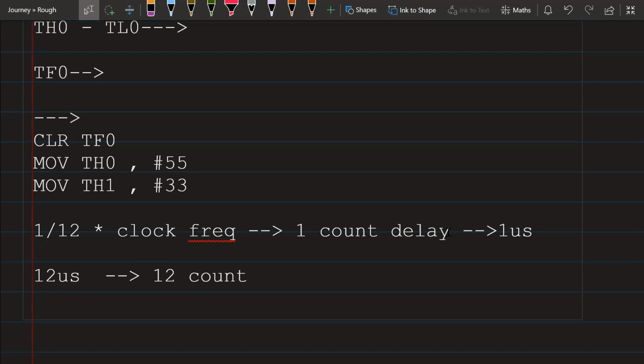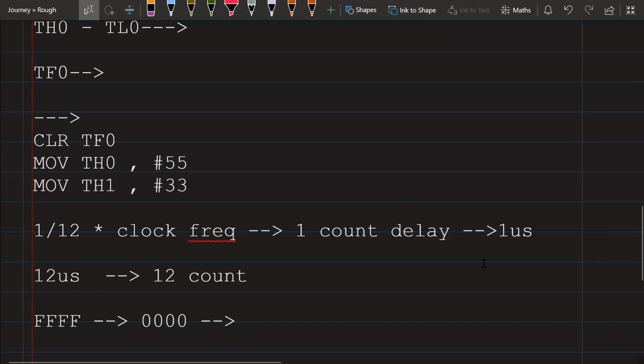So we are monitoring the TF flag. That means whenever it rolls over from all F to all 0, that time we get the TF flag set, correct? Now, every 12 counts we have to set the TF flag to get 12 microseconds.